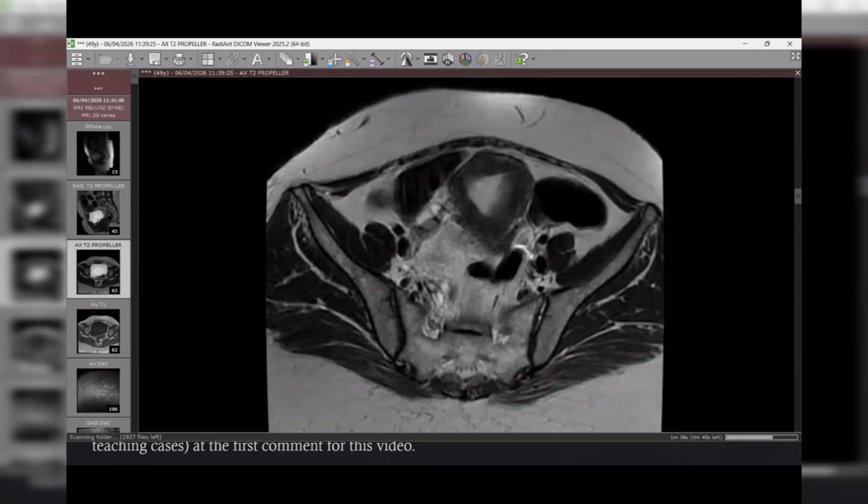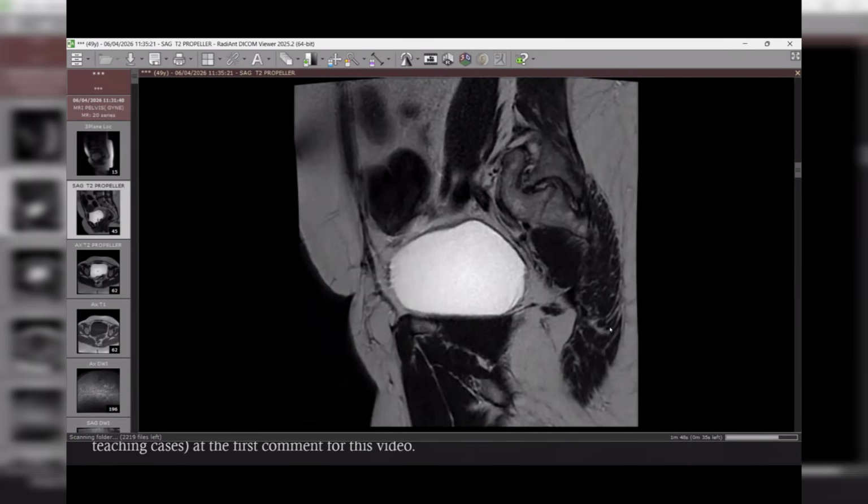So can I have the sagittal T2 weighted image? Yes, correct. Perfect. This is the most perfect point. Yeah, sagittal. Okay, go ahead. Okay, so I'm trying to scroll. Okay.